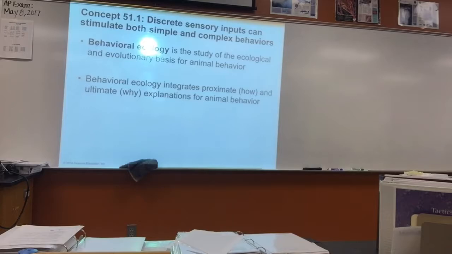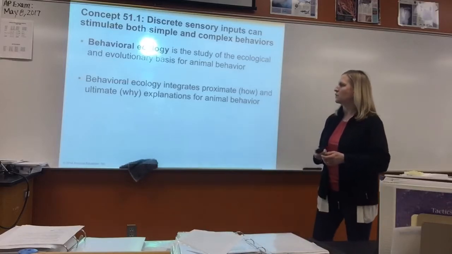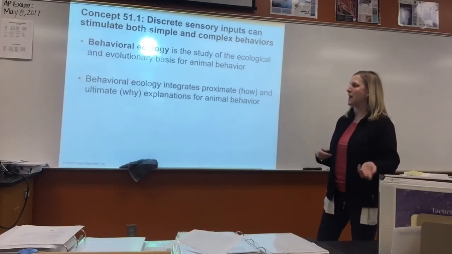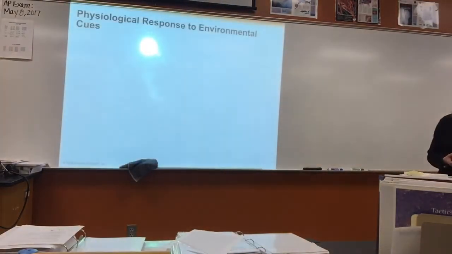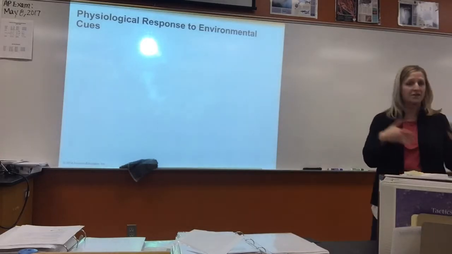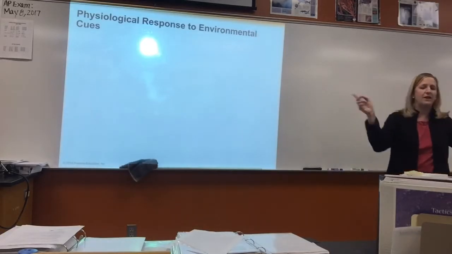So we're going to look at the how here in a little bit, and integrate into the why. So sometimes that is triggered by genetics and environmental factors. So physiological responses to environmental cues. So this means, physiological means a response inside the body or the being. So it could be a plant, it could be an animal, and that's triggered by something going on in the environment.